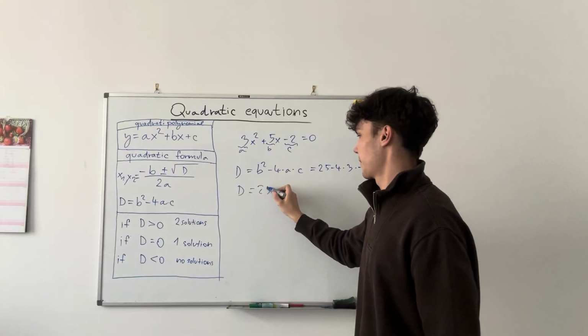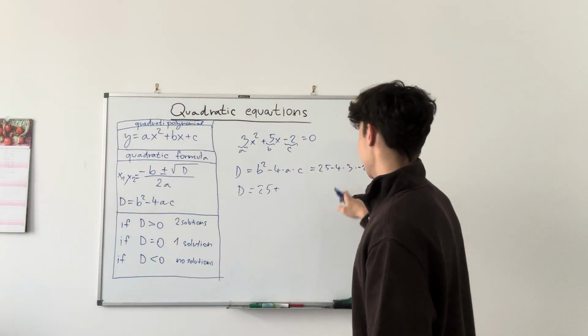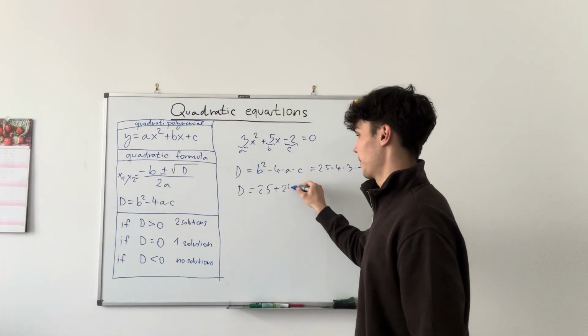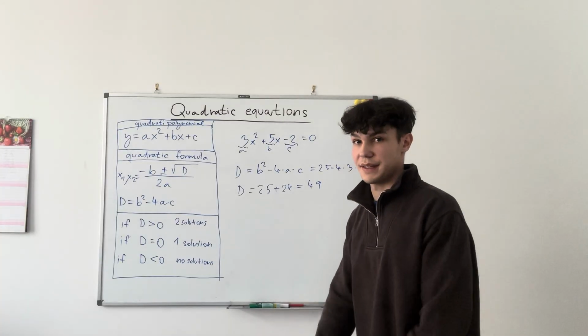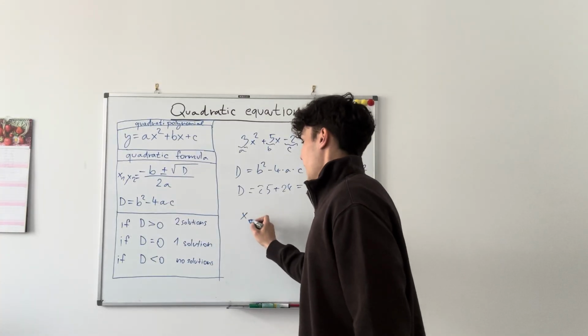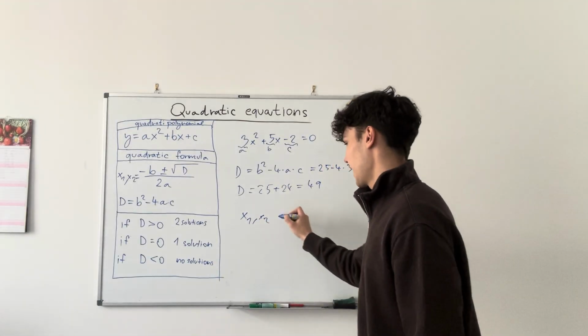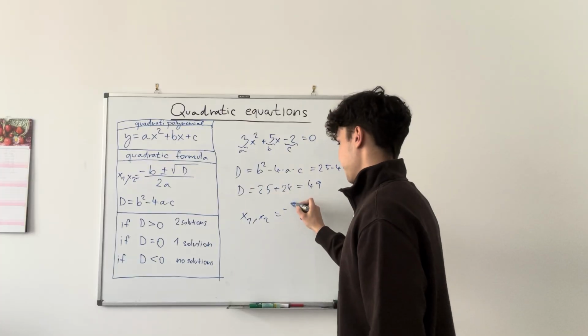So 25 plus, because minus gives us plus, 4 times 3 is 12, times 2 is 24. So our discriminant is equal to 49. Once again, we're going to have two solutions, and we're going to find them thanks to the quadratic formula.